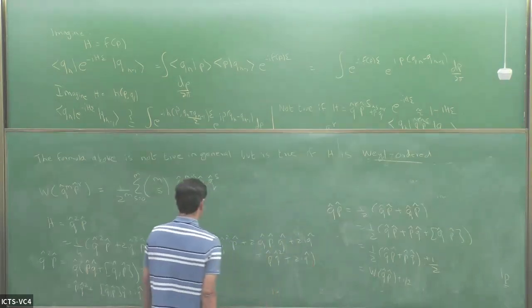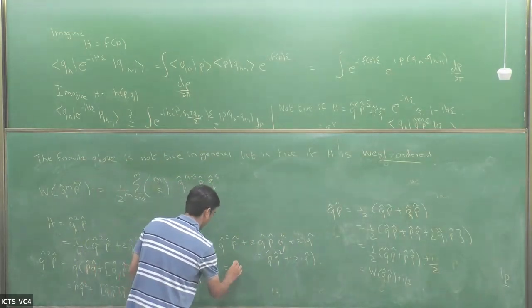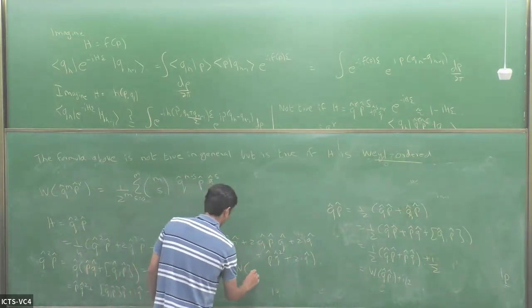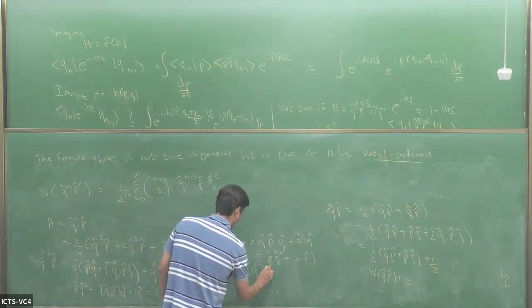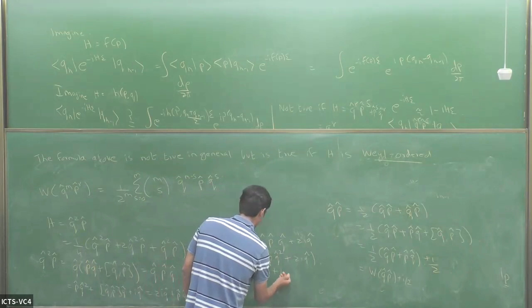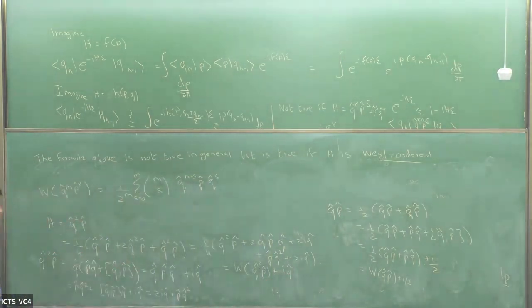Okay. So we can write this as Weyl ordered, if this algebra is correct. I think it should be okay, because we don't have a 4 there, plus i q hat. Yeah. Okay, so we can write it as the Weyl ordered form of this.